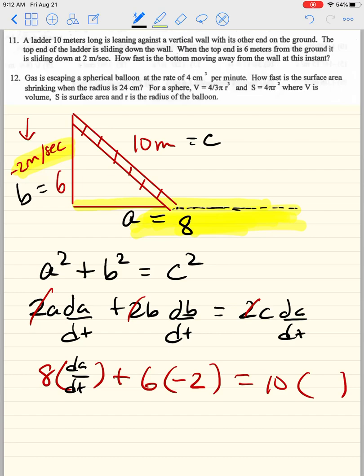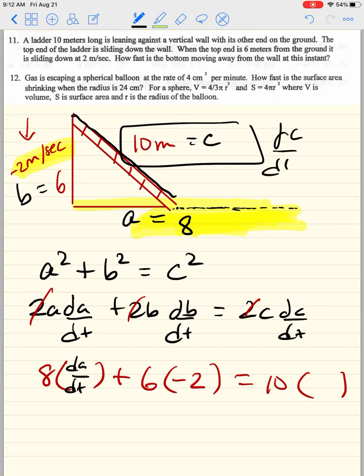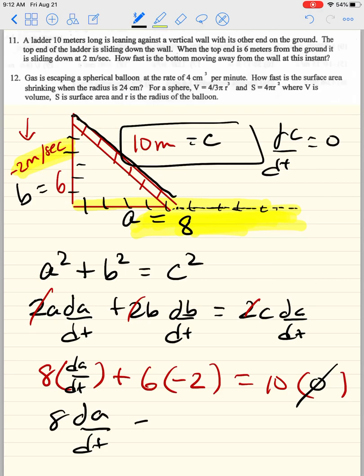And remember from past videos, the length of this ladder will stay consistent the entire time. Therefore, dC/dt equals 0. The ground distance is changing and the height is changing, but the ladder won't change. So we have 8 dA/dt minus 12 equals 0.